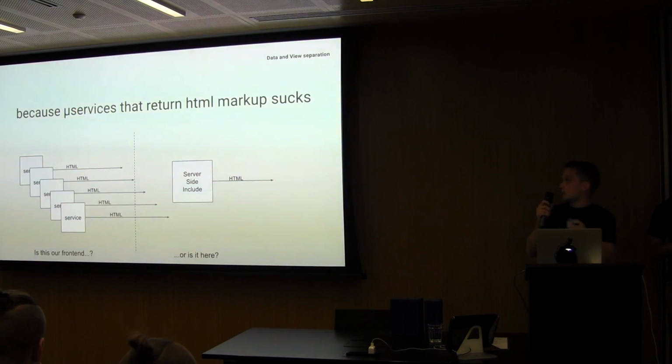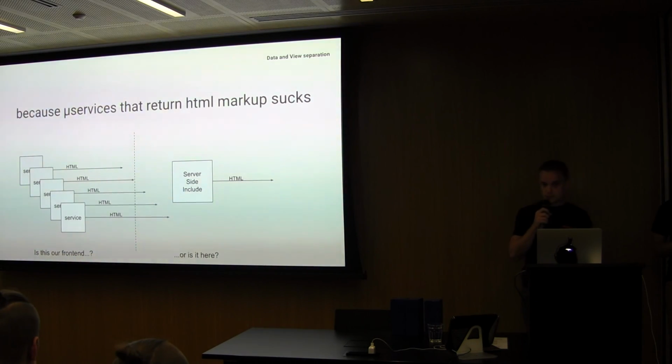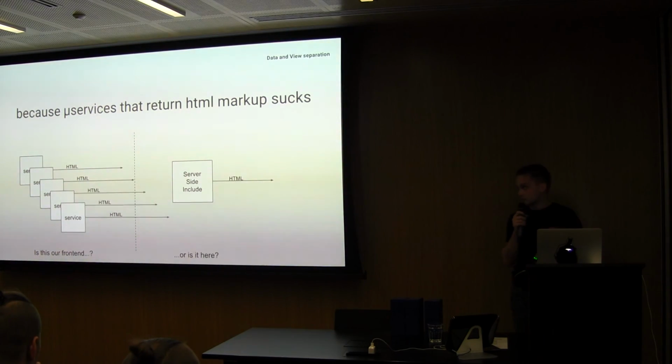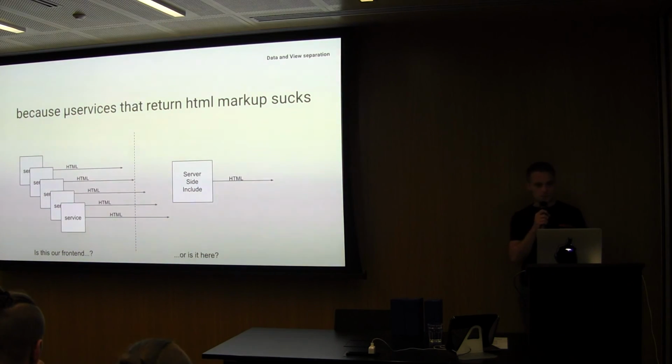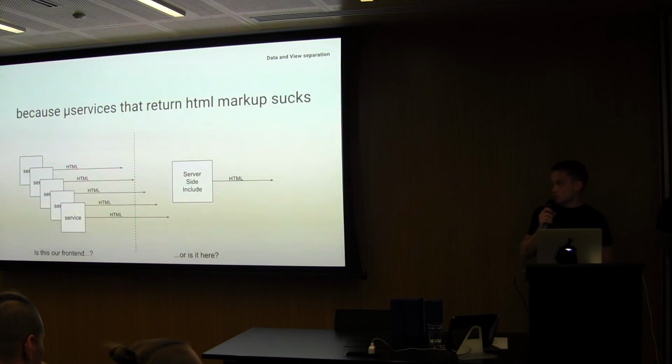In this environment, our mission is to produce a page, to combine these parts in a reasonable way. Then basically we are doomed, because assembling these chunks of HTML returned from the services is simply like concatenating strings. And what's wrong with that?